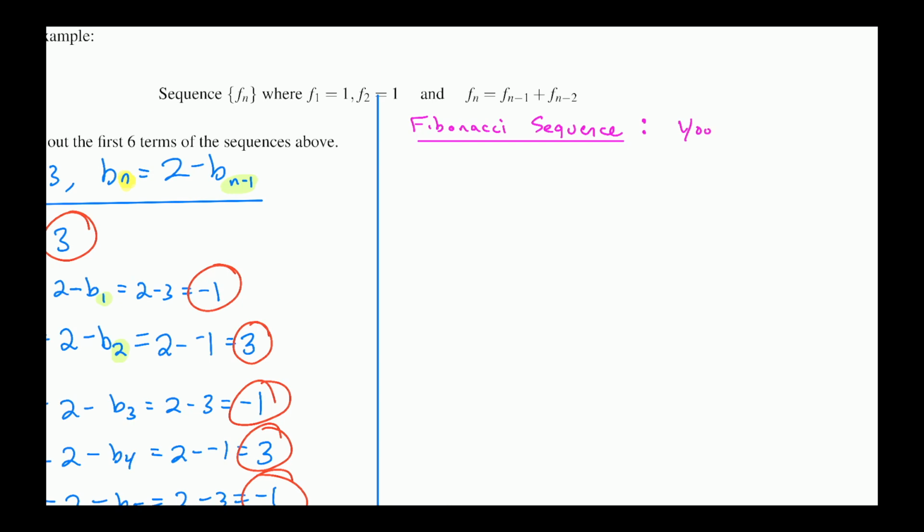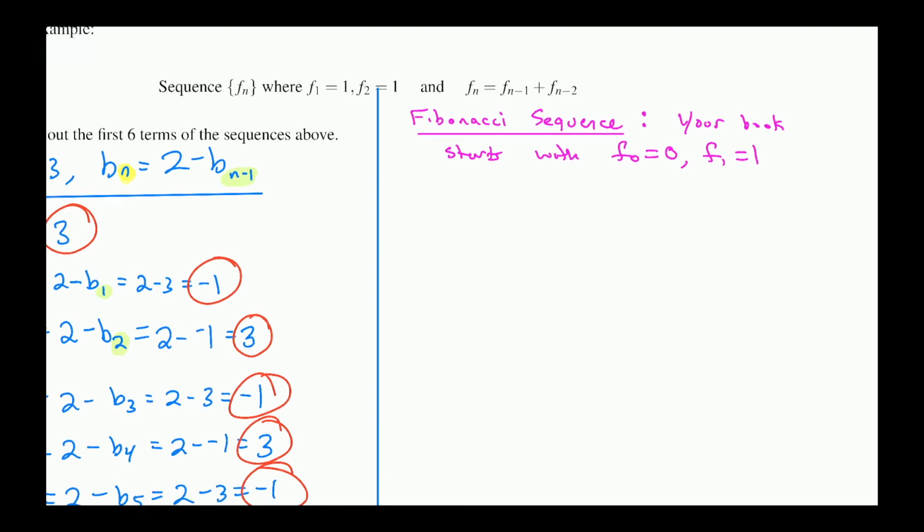And by the way, just a note, your book starts with F0 equals 0, F1 equals 1. But that's not what I said here. I said F1 is 1 and F2 is 1. That's actually the same, so it's not going to be any different.